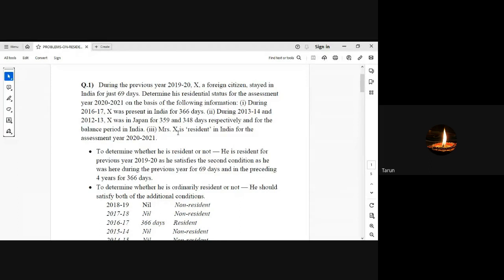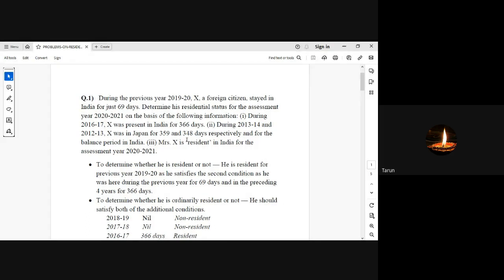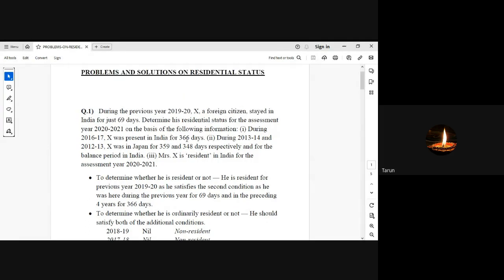A particular statement has been given, and accordingly the questions are asked. What is being asked is to determine whether X is a resident or not, and how many days have been spent in India or abroad. This is all about knowing the residential status.